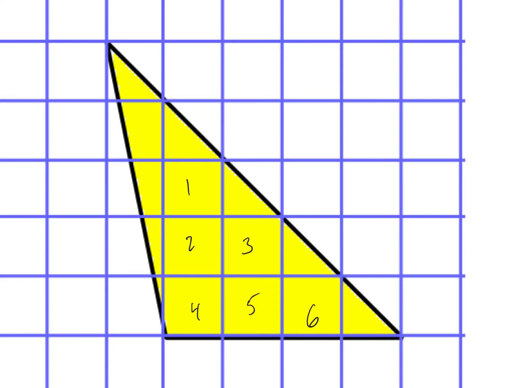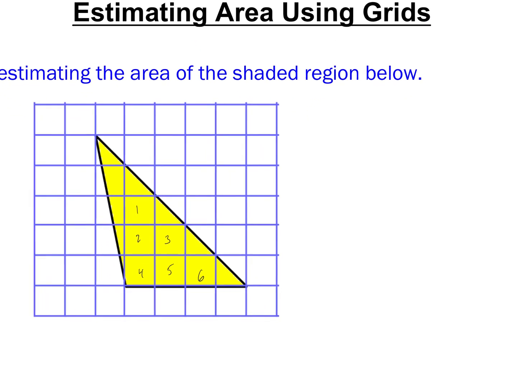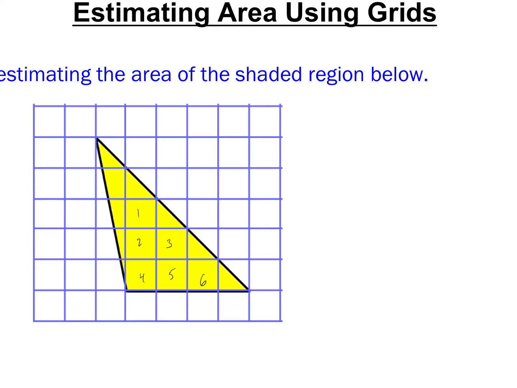So for sure, we know there's 6 grid squares completely filled in. So I'm going to write that down. I could just even write whole, and there's 6 of them.